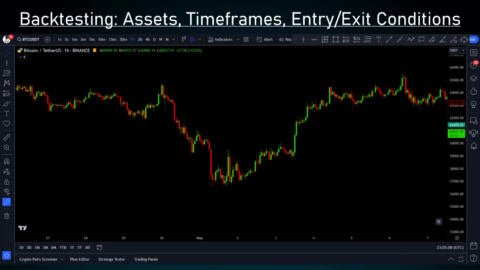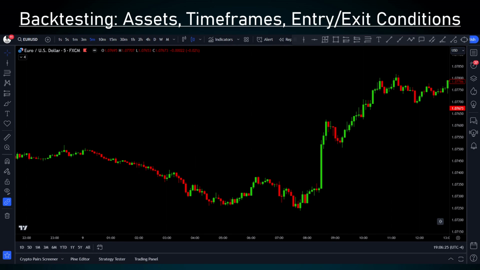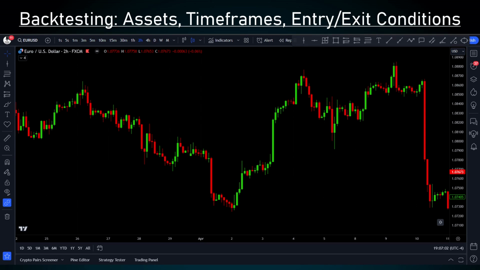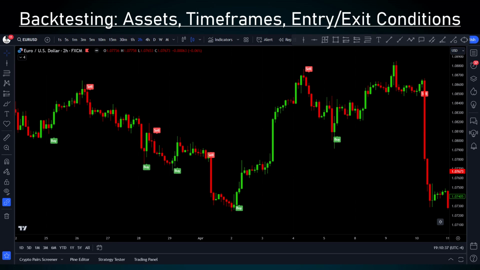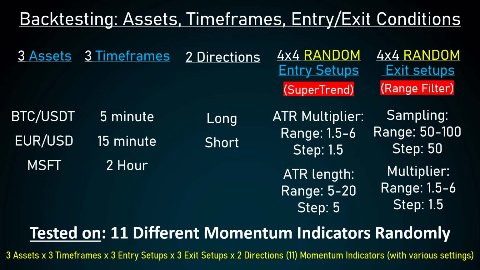For example, Bitcoin moves way differently than the Euro-USD pair, trading on the 5-minute chart is way different than trading on the 2-hour chart, and using a faster reacting entry signal and exit signal indicator, with much more entries and exits, is way different than using a slow reacting entry and exit signal indicator. By backtesting each momentum, entry and exit signal indicator in these different conditions, we can get a statistically relevant and significant backtest result to determine which indicator works the best in most conditions.